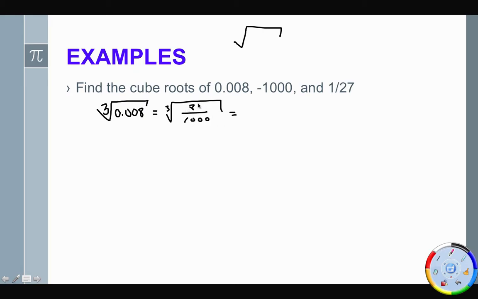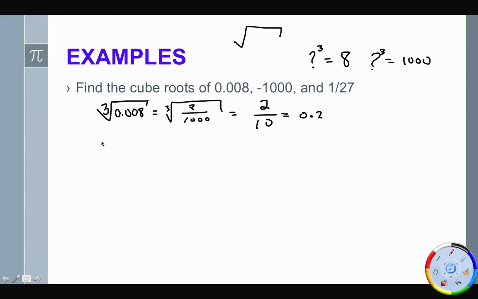So we're asking ourselves, what number to the 3rd power is equal to 8? Well, we know that to be 2. We know 2 to the 3rd power is 8, and therefore the cube root of 8 is 2. Likewise, we want to know what to the 3rd power is equal to 1,000. And since there are 3 zeros behind there, the cube root of 1,000 is 10. So we get 0.2.